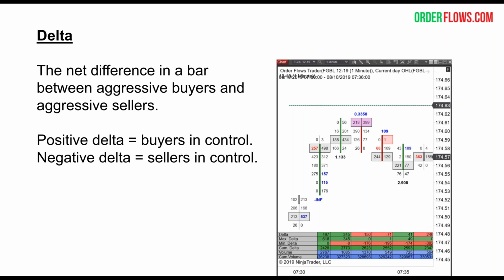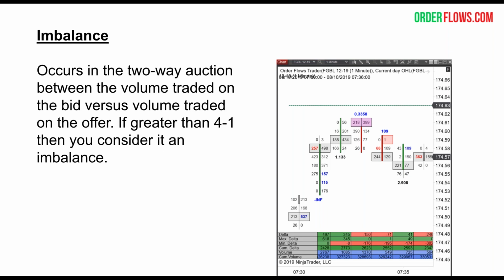Now the next point is imbalances. Imbalances occur in the two-way auction between the volume traded on the bid versus volume traded on the offer. Generally, if it's greater than 4-to-1, you consider it an imbalance. So remember, the market trades bid against the offer.